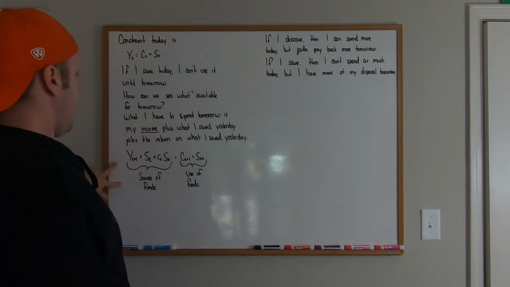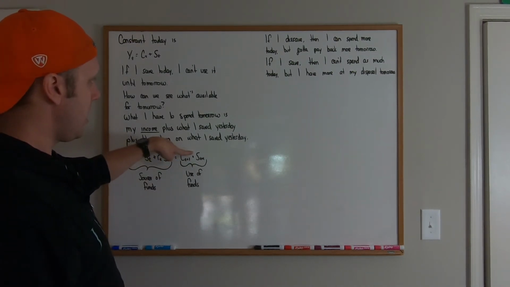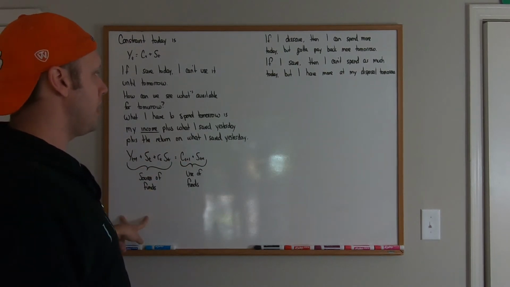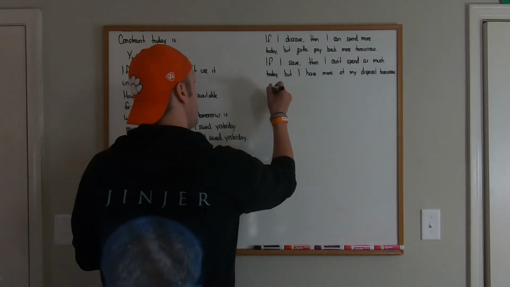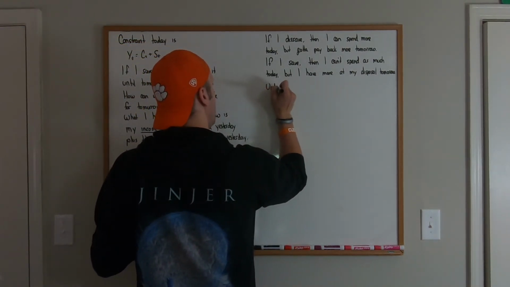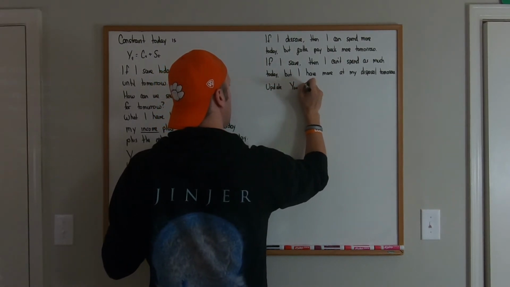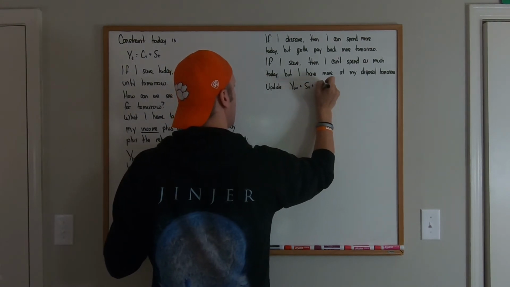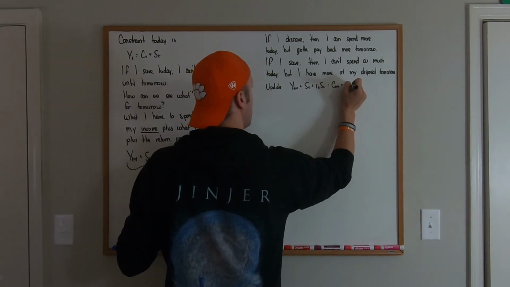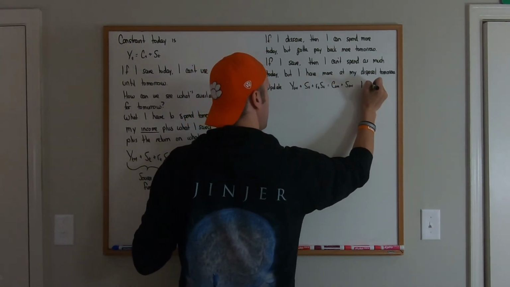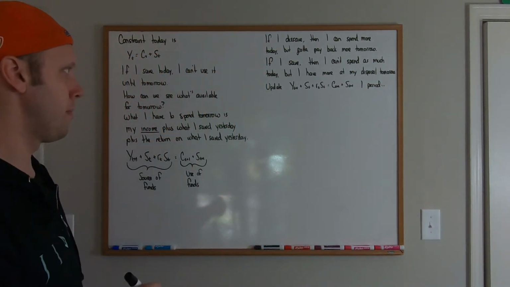But this goes on and on and on, right? Every single period, whatever I don't spend today, I get more tomorrow to be able to spend. So let's update this one more period.